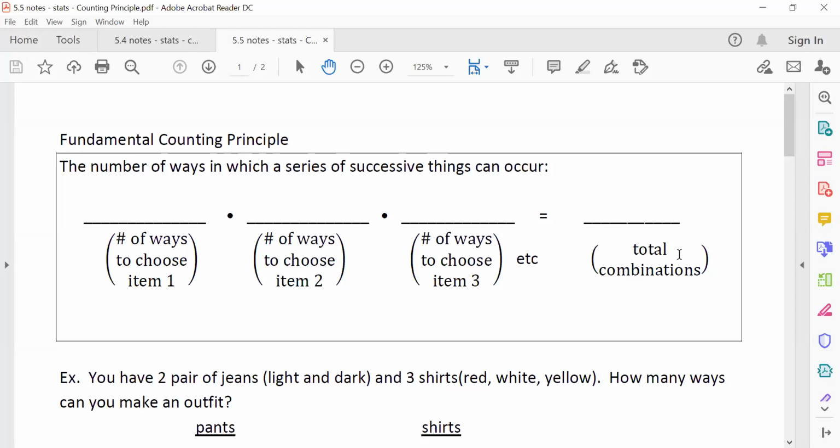Now for section 5.5, this is going to be the last section of chapter 5 that we're going to study. And frankly, it's a bit of a doozy. It's going to be a lot. Let's just say that.